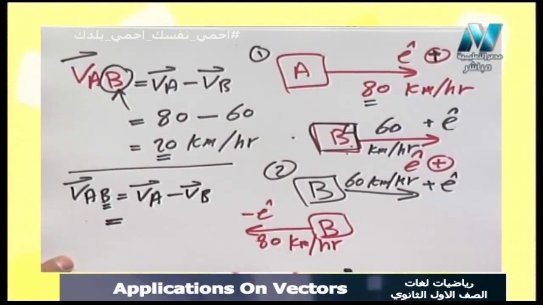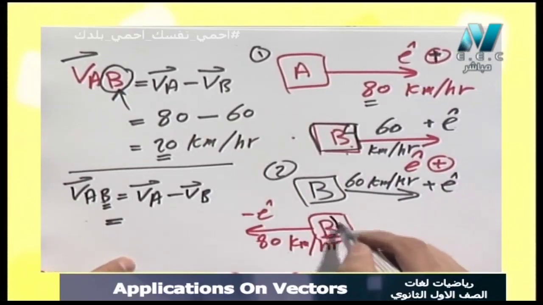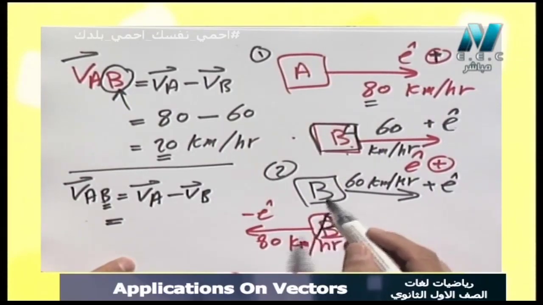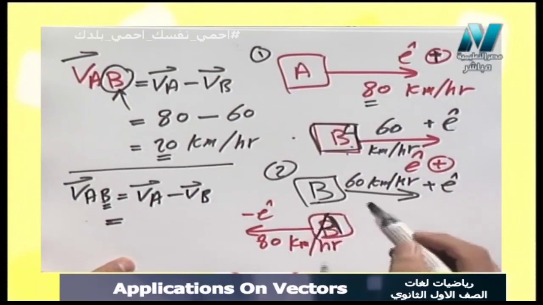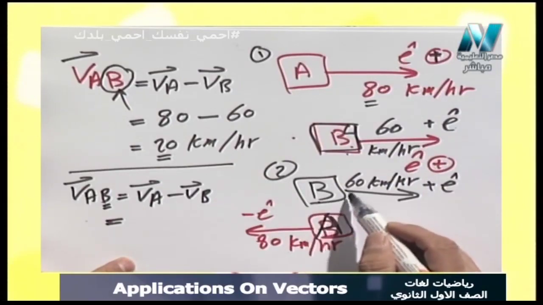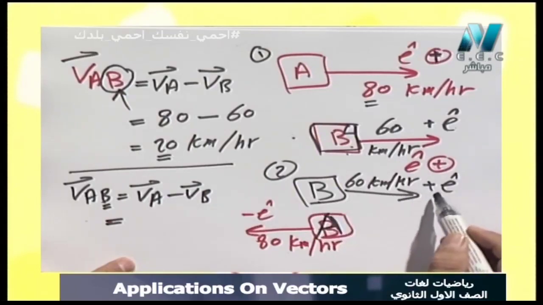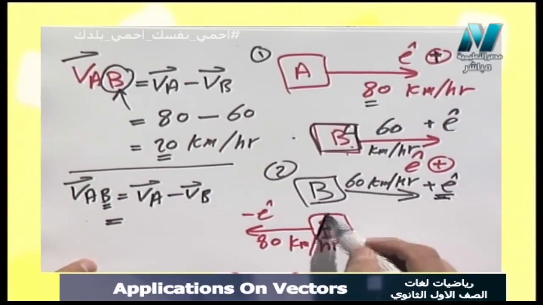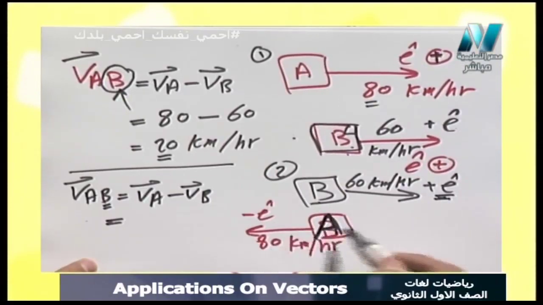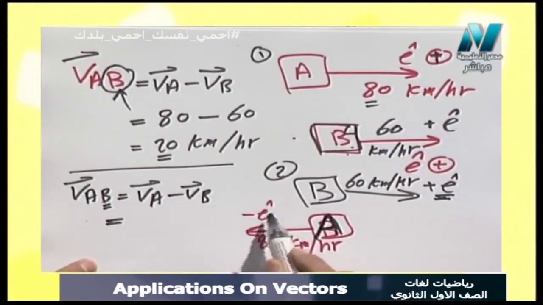Here VA equals what? Okay, sorry, we have A here. B is the direction of the observer, and he moves at 60 km/h in the positive direction, and the car A moves in the opposite direction, so we will put negative 80.